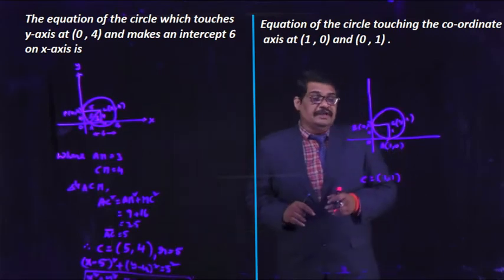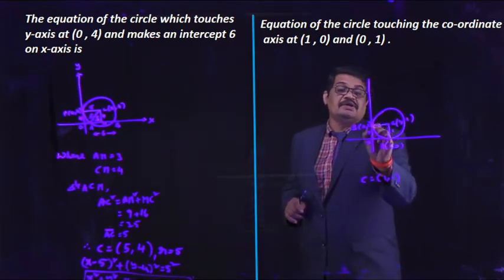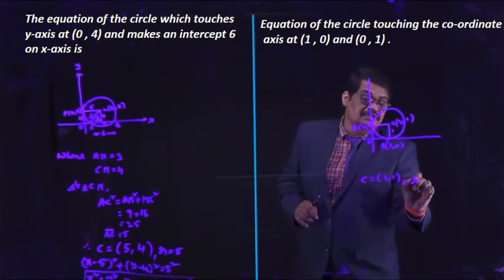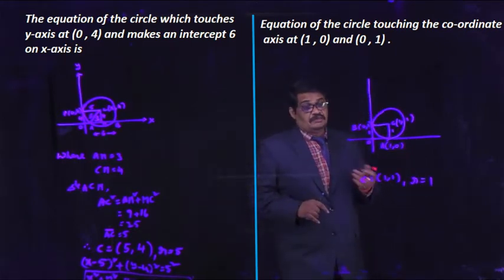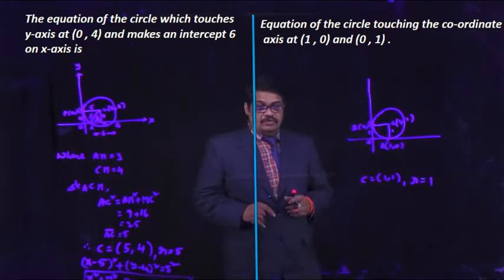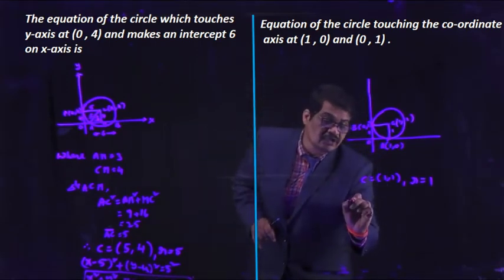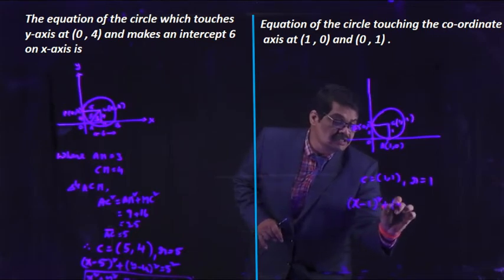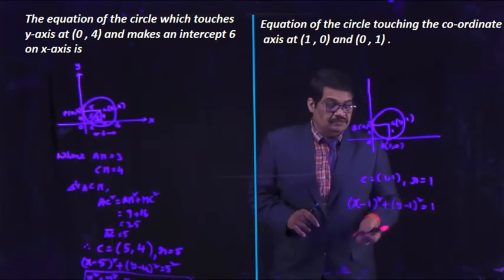And what is the radius? The radius is the OA distance, nothing but the CB distance. Therefore, what is the radius here? 1 unit. So the required circle center is (1, 1) and radius is also 1. Therefore, the circle equation: (x minus x1) whole square plus (y minus y1) whole square is equal to r square, that is 1 square.